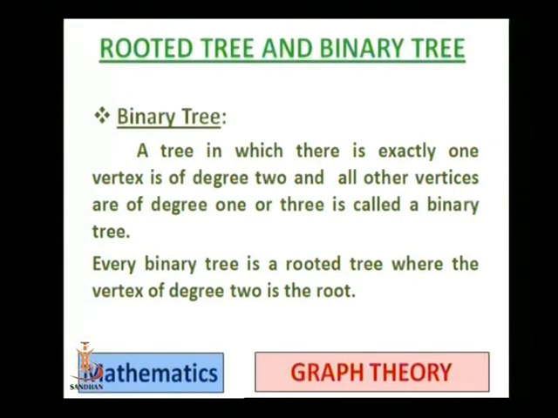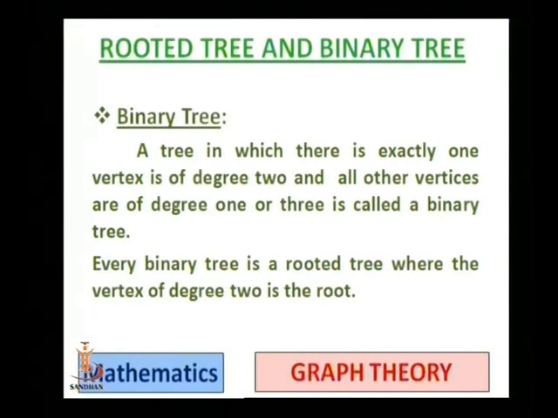The next line says that other vertices have degree 1 or 3, either 1 or 3. There is no other number for the degree. That means we have this degree sequence in this binary tree: one vertex with degree 2, and all other vertices with odd degrees, either 1 or 3.